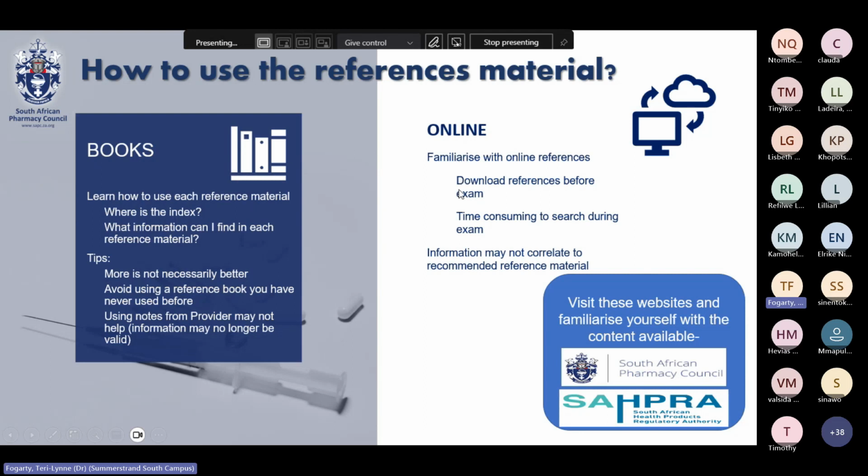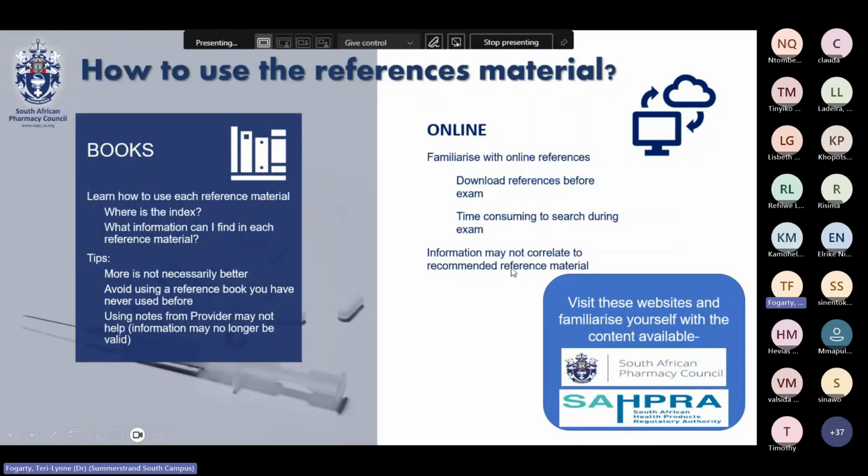There are also online references, and they can be downloaded before the exam. The office will assist you in where to find those on the platform. And you need to be familiar with what those online references are, okay, before you go into the exam. Right, and then also visit the South African Pharmacy Council website as well as the SAHPRA website.